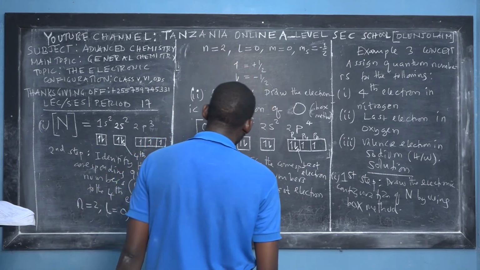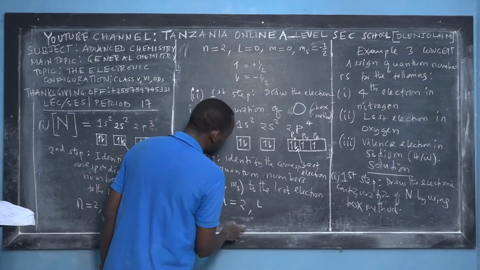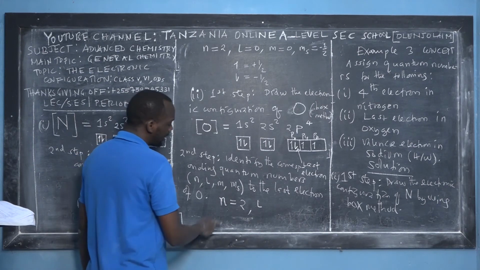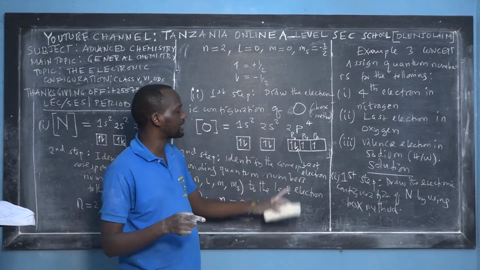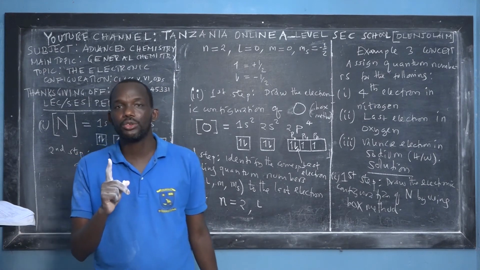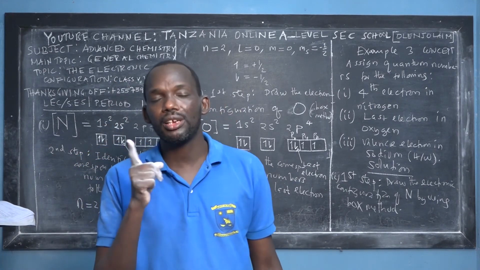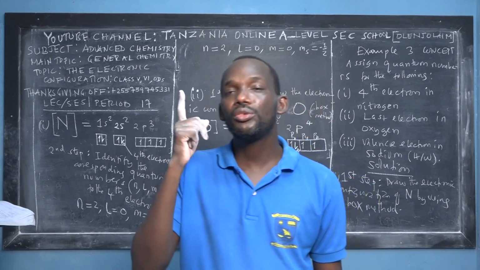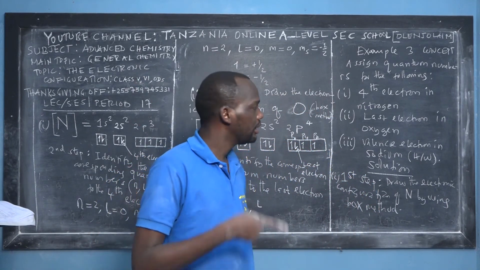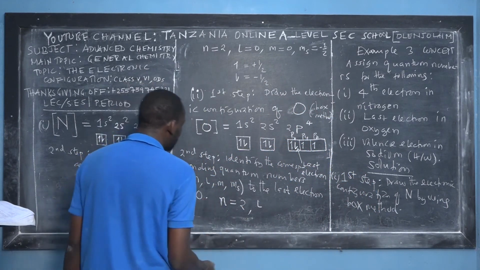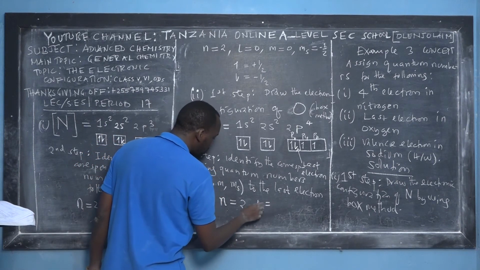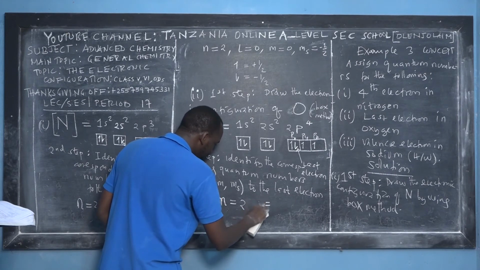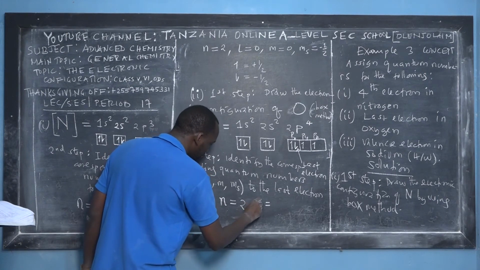So we have to check in which sub-energy level we found the last electron. The last electron we found in the p sub-energy level. Because we found it in the p sub-energy level, the subsidiary quantum number, l, is equal to 1.